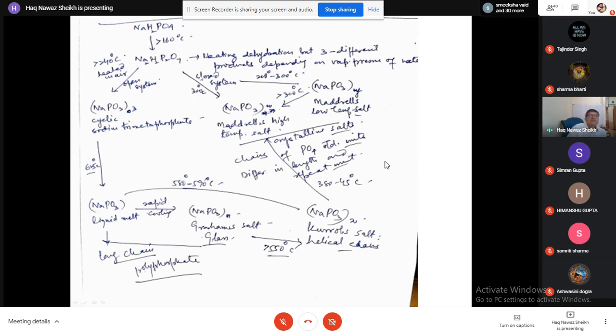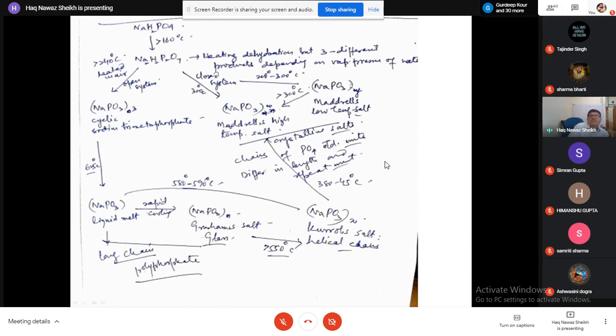But if the temperature is about 300 degrees and the system is closed, air is not allowed to interact, then you get a polymer, Maddrell's high temperature salt, a polymeric salt which has long chains. If you heat it at 200 to 300 degrees, you get sodium Maddrell's low temperature salt. If the temperature is higher, you get the high temperature salt.